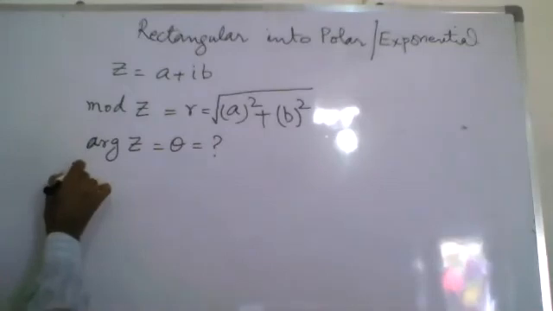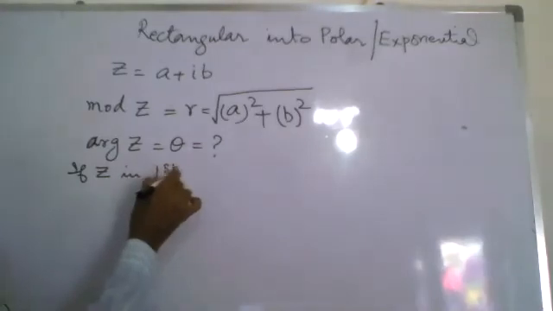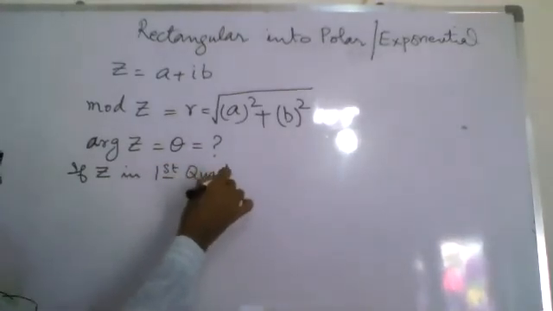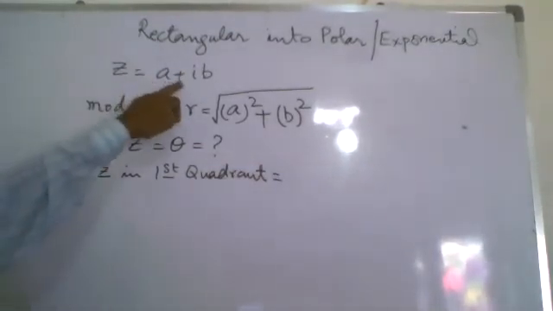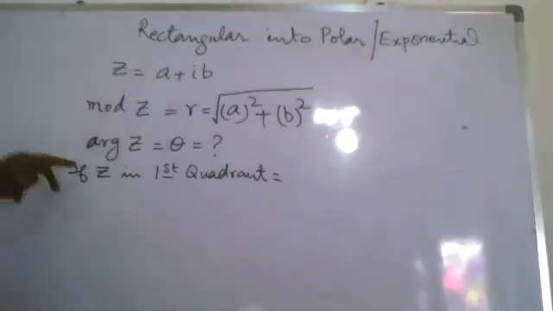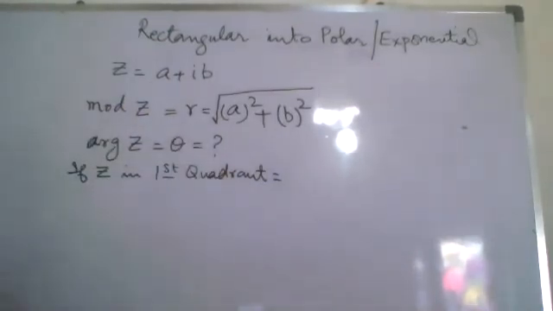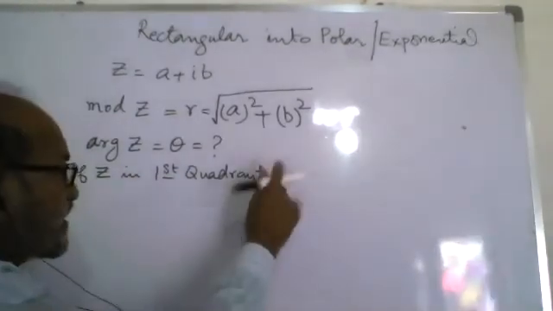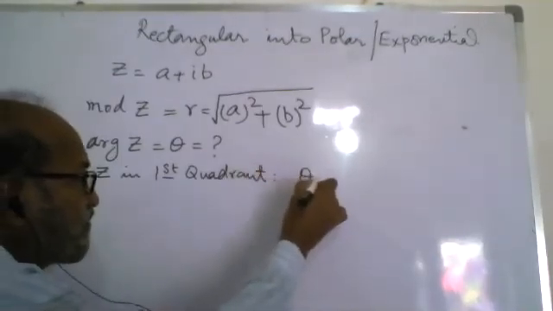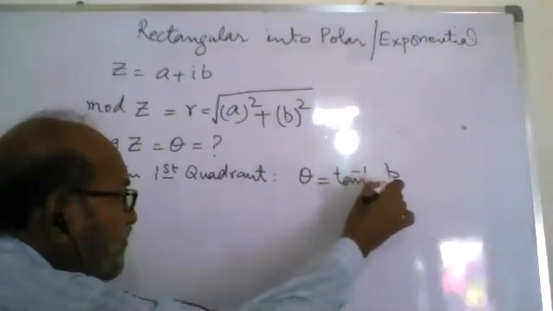If a is positive and b is positive, z will be in the first quadrant. If the real part is positive and the imaginary part is positive, both are positive numbers, then z will be in the first quadrant. And when it is in the first quadrant, theta will become tan inverse b upon a.